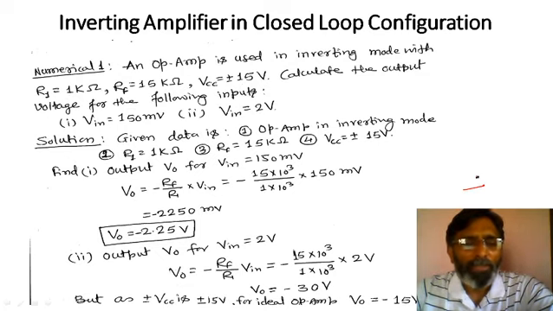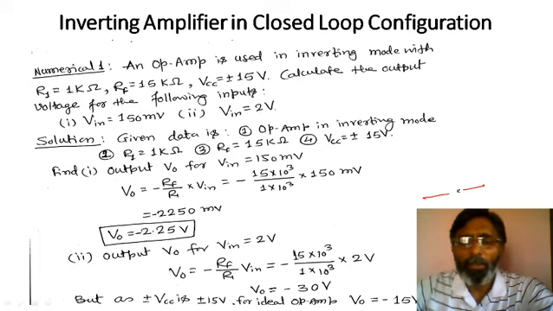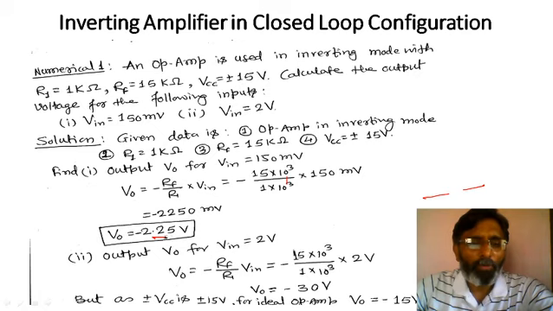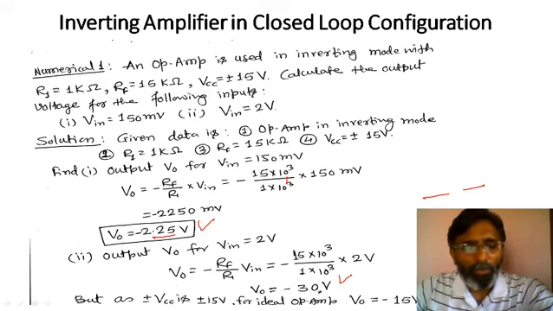In the first case our output will be minus 2.25 volt. Simple calculation. In the second case it will be this into 2 volt, so this will be minus 30 volt. But as my VCC is plus minus 15 volt, my output cannot be 30 volt.